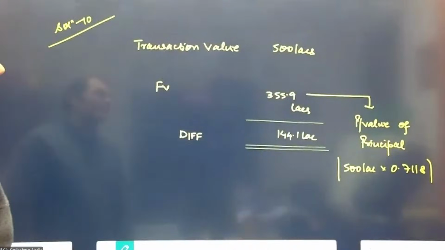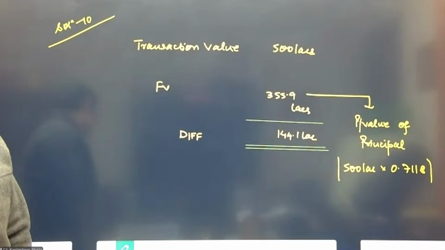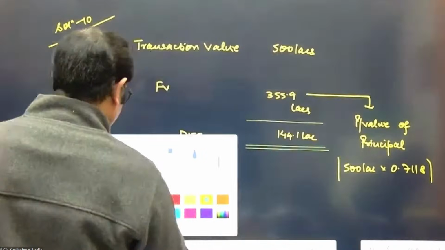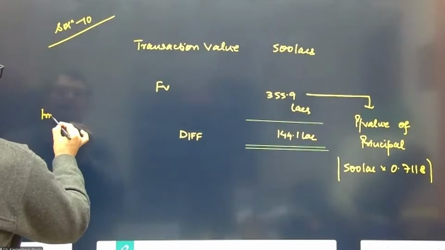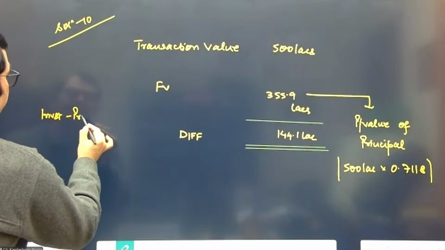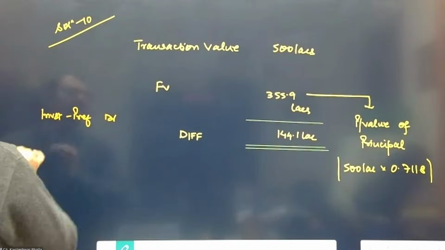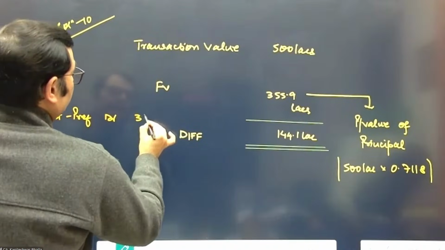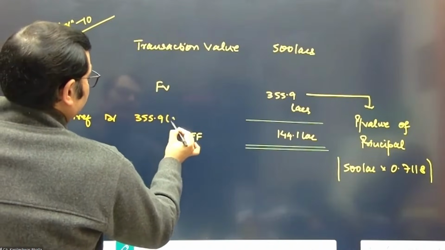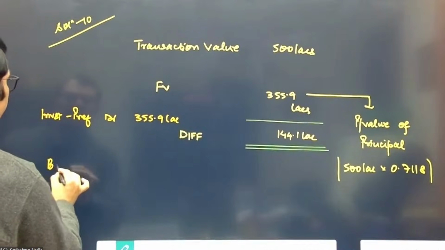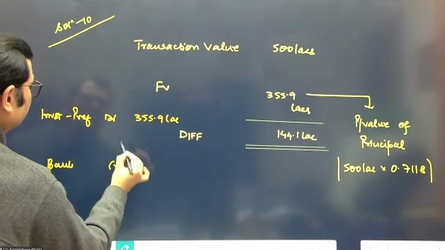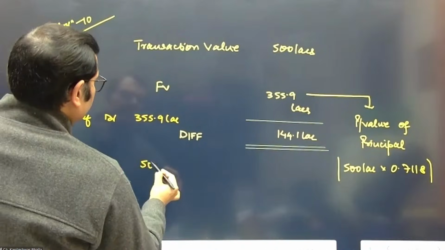So now let's see the entries in the books of the parent company on account of this. So can I say the entry in the books of parent is going to be, he made an investment in the preference shares, so that gets a debit at the fair value, 355.9 lakhs, and the bank gets a credit with the money paid, that is 500 lakhs.